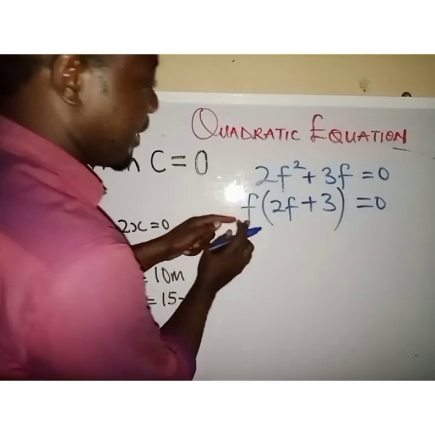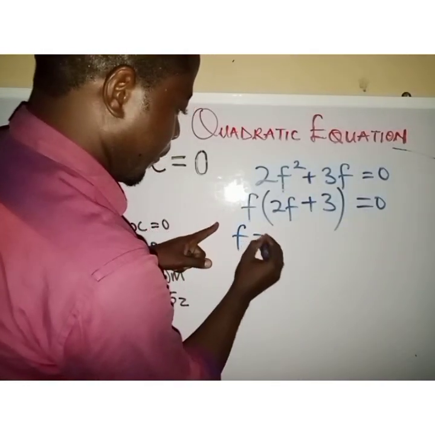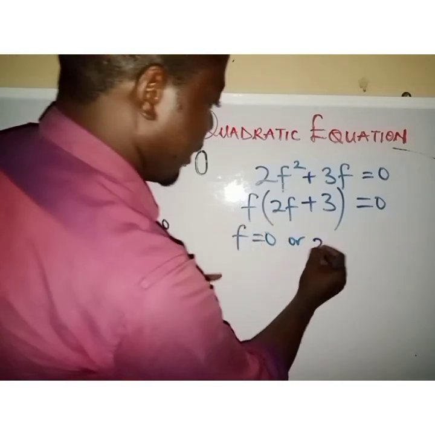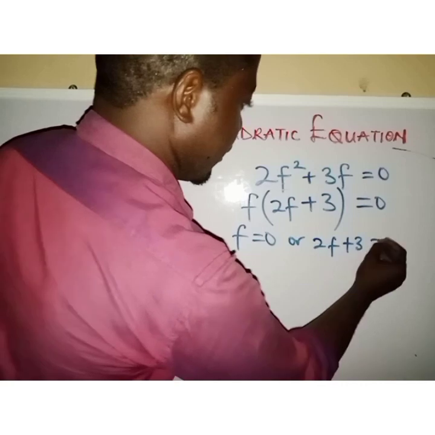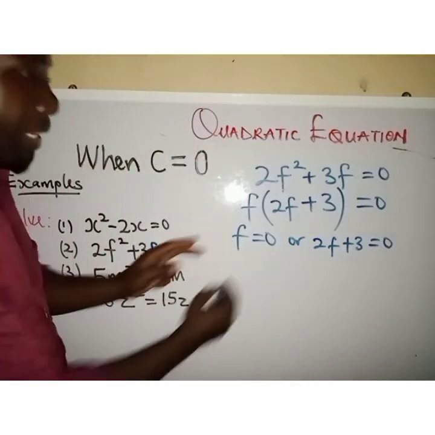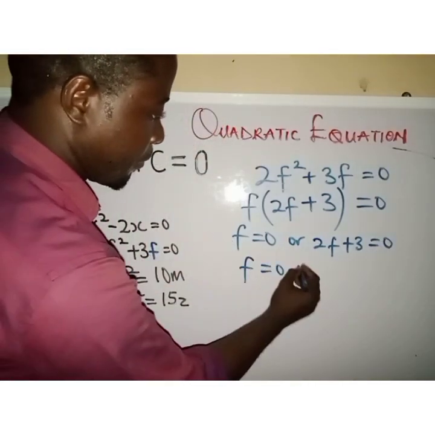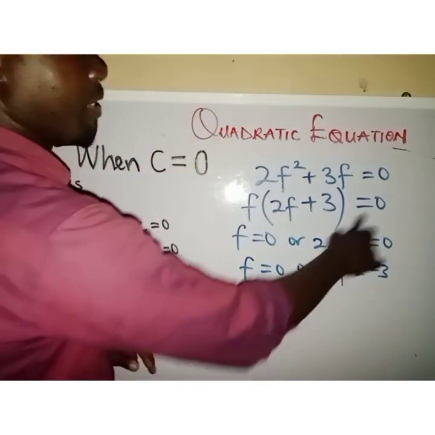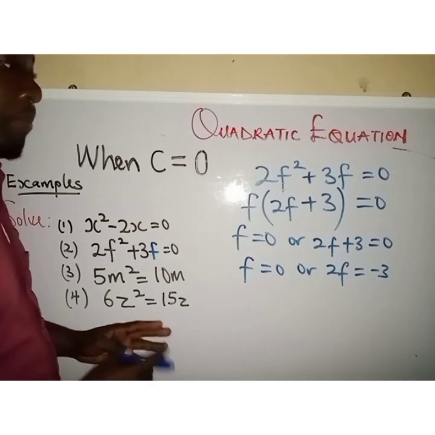Now this simply means f equals 0 or 2f plus 3 equals 0. So in that case, f equals 0 or 2f equals minus 3. The plus 3 will move to this side and it will become minus.